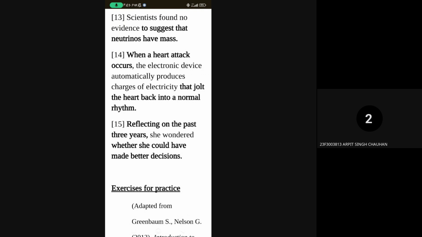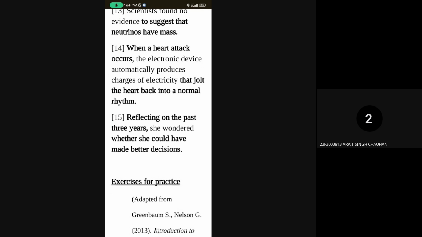Which part of the sentence? Which noun, I mean? Charges of electricity, right? So "charges of electricity" is the noun which is being modified by the subordinate clause "that jolt the heart back into a normal rhythm." Hence, it's an adjectival clause. Okay.